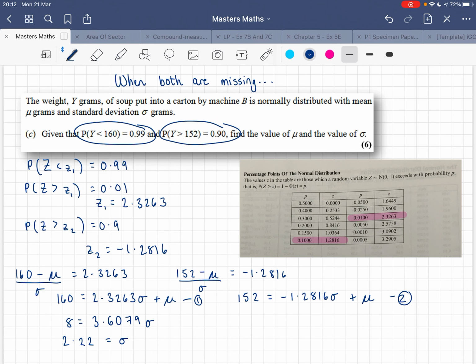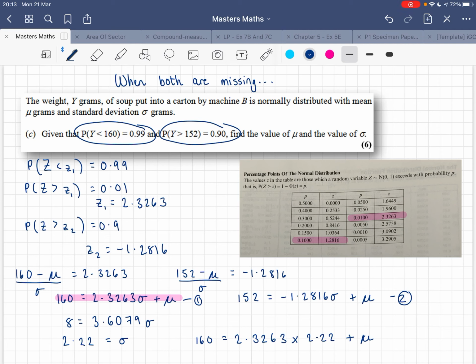I'm then going to use that to work out the mean by substituting it back into any one of my equations. I'm going to just use the first one. So I'm going to substitute it back in here. So 160 is equal to 2.3263 times 2.22 plus mu. 2.3263 times 2.22 is 5.164386.